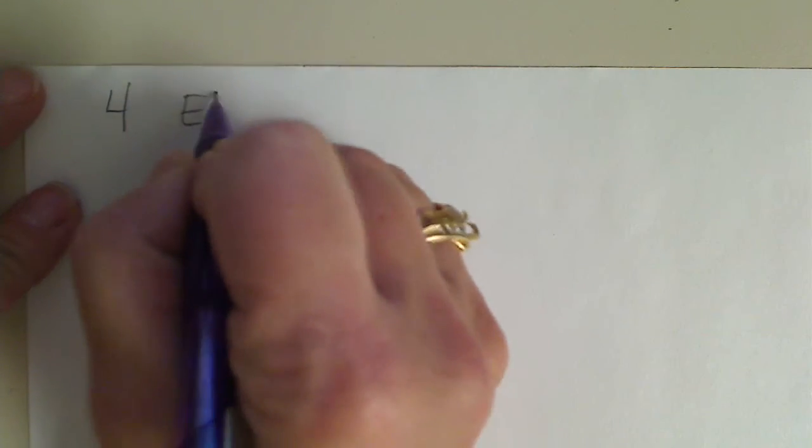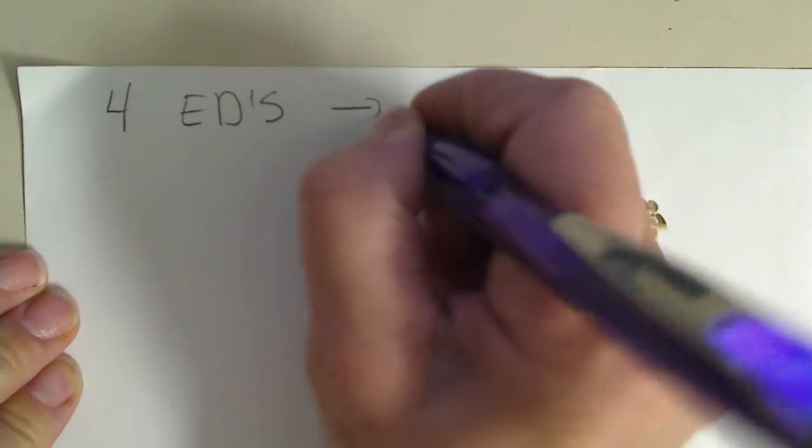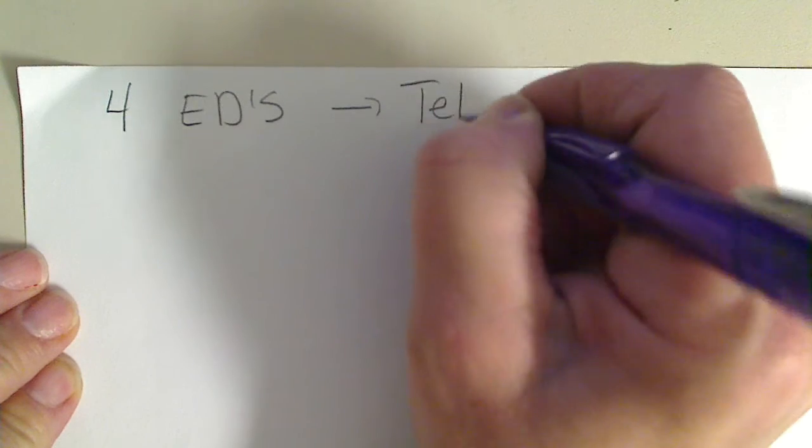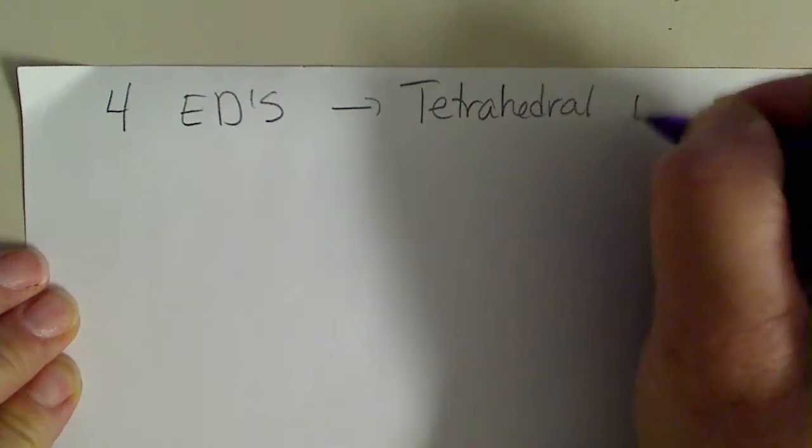For electron domains, there's a variety of different molecules that would fit that. So all of these, I'm going to have 4 electron domains. That becomes tetrahedral electron domain geometry.